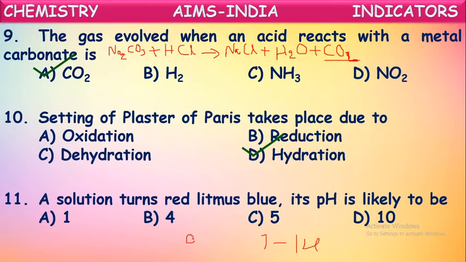So 0 to 7 means it is acidic. Now, if it is a basic solution, the pH range is in between 7 to 14. See the number which is given in between these two numbers, 7 and 14, yes, 10. So the solution with pH value 10 can change red litmus blue.